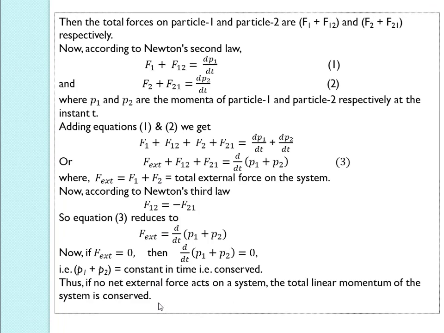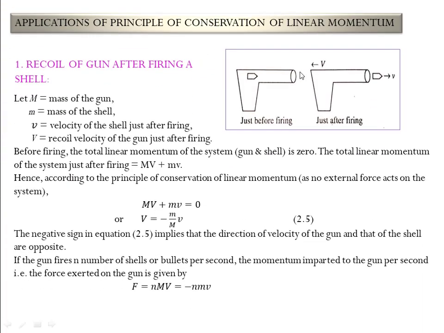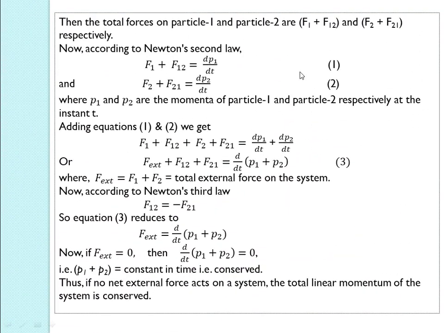Now apply Newton's second law for both the particles. For particle 1 we get an equation like this, and for particle 2 this is the equation, where P1 and P2 are the momenta of particles 1 and 2 respectively at the instant t. Now add up these two equations and we arrive at an equation like this.